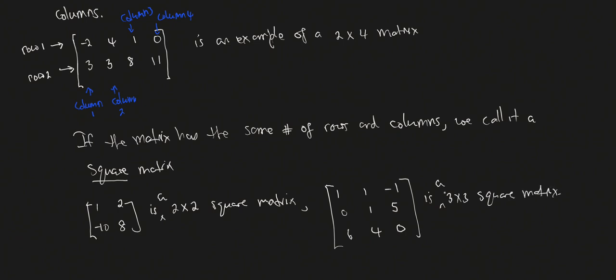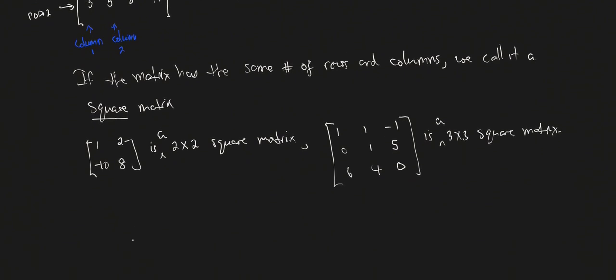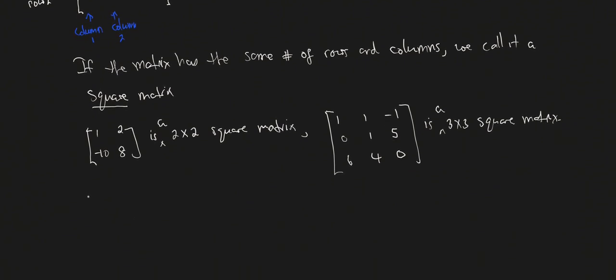Now, for square matrices, there's a very important number that's associated with each of them. Given a square matrix, there are lots of rules that can be used to compute a certain number, and that number is what we refer to as the determinant of the matrix. So every square matrix has one of these numbers.